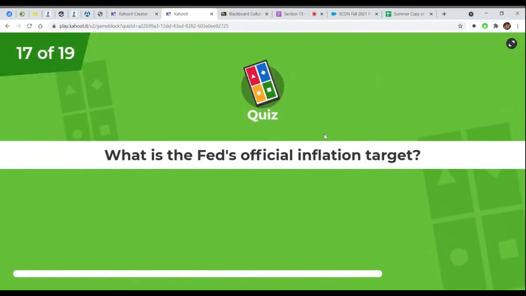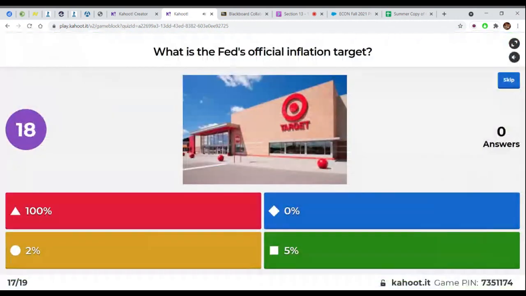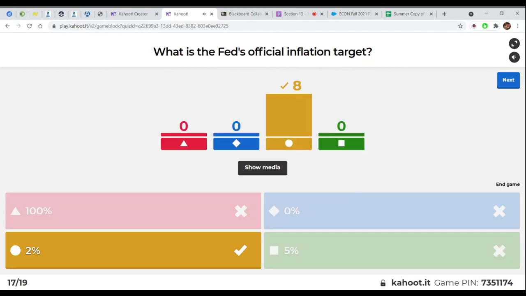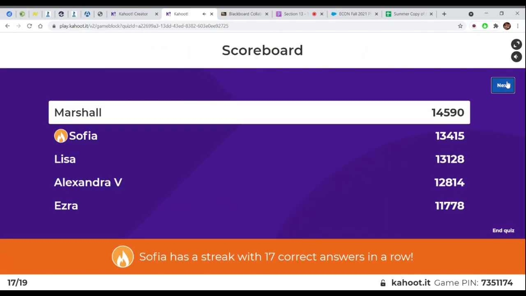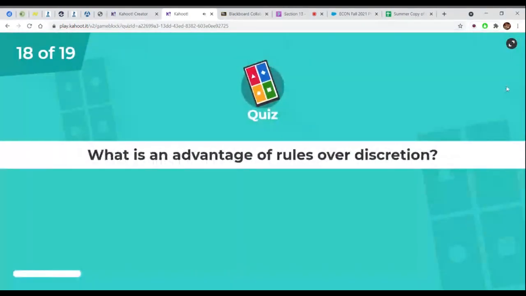Almost there. What is the Fed's official inflation target? Zero, 2, 5, or 100? It is 2%. Very good. 18.